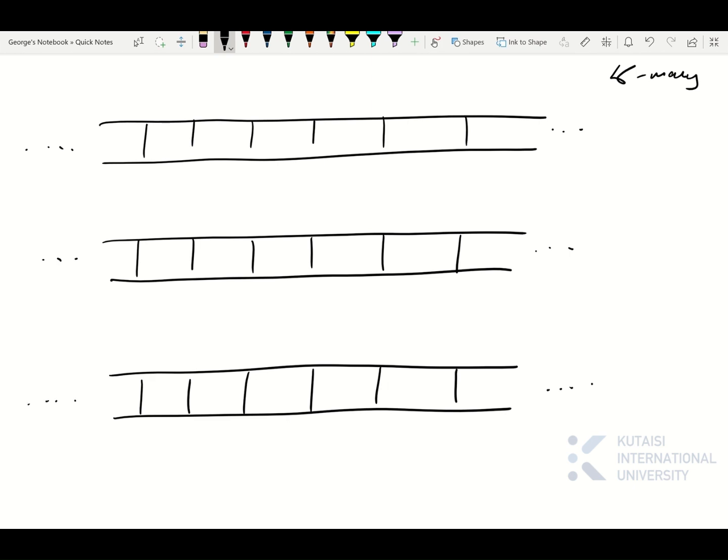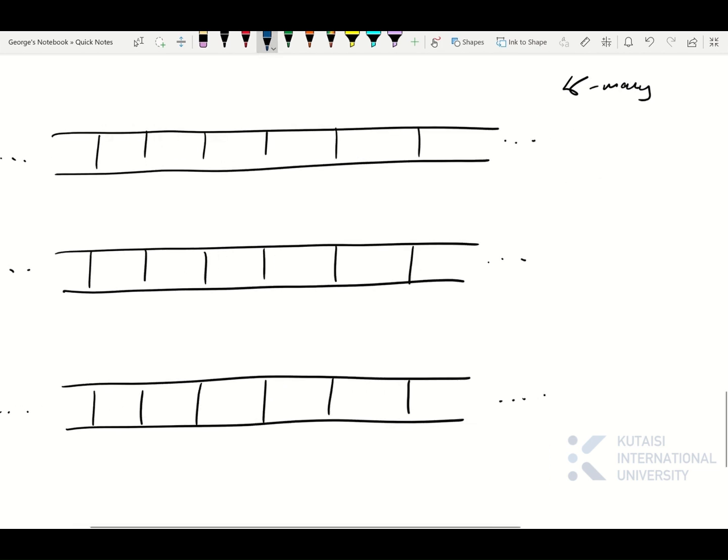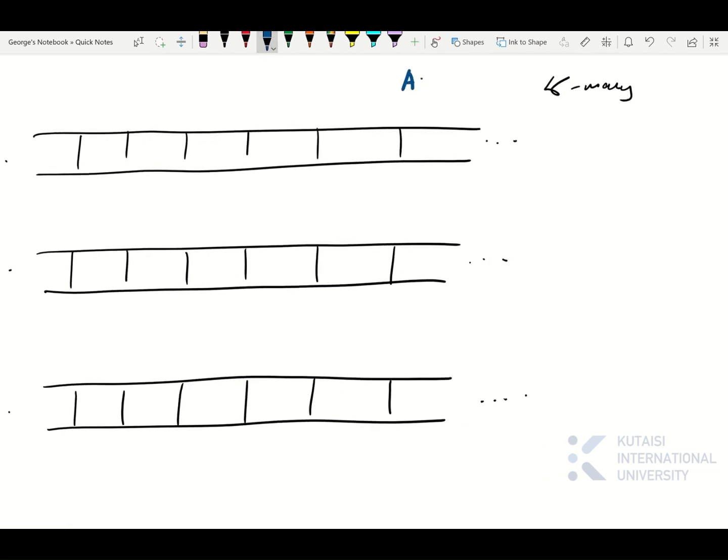And now you have a tape alphabet, as we had for DFAs and other things. So you have this alphabet A. For simplicity of our exposition, let's assume it's 0 and 1, and let's add a couple more symbols that we will always use, which is hashtag, and then this symbol B.